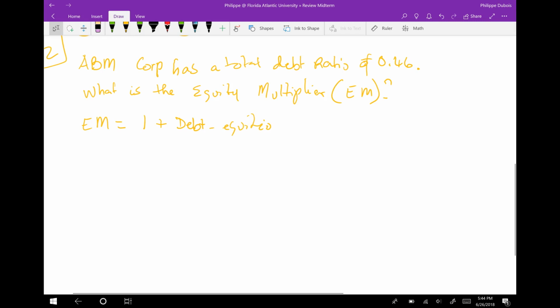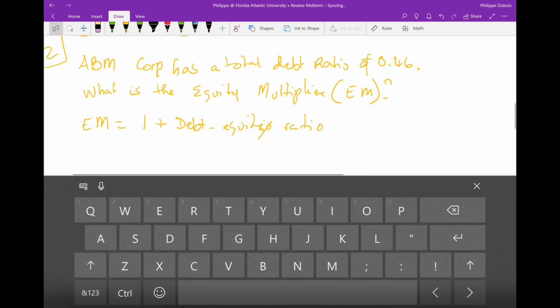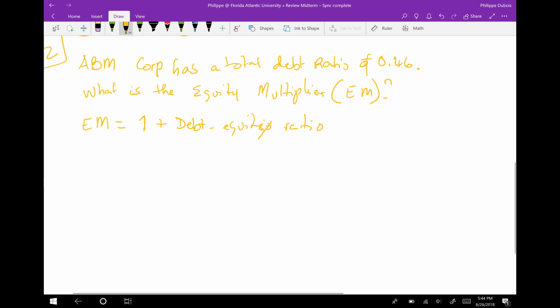And we know that the formula to find the debt to equity ratio is your total debt ratio over 1 minus the total debt ratio.